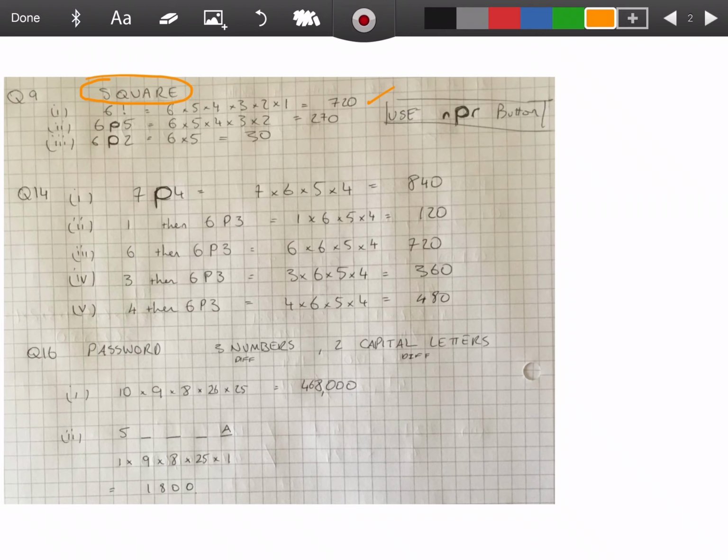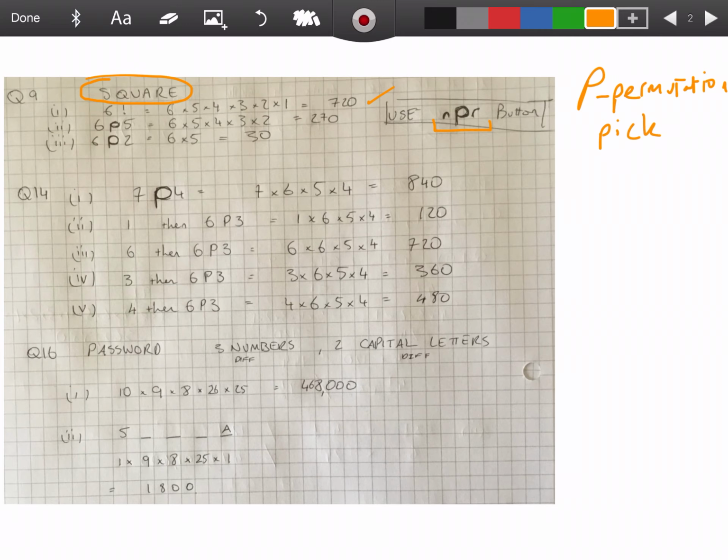In the next one then, in question 9, I asked to take the letters 5 at a time. So I can take 5 of the 6. Okay, so you can see here I've asked you to use this nPr button. So again, the P represents permutations really, but sometimes I think about it as pick, because you're picking 5 of the 6.